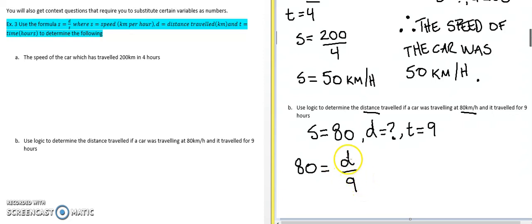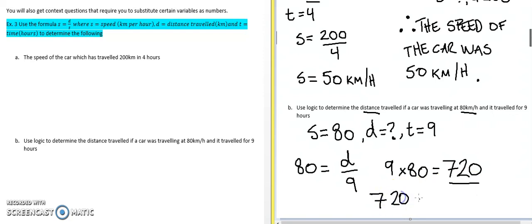Remember in trigonometry, when the unknown is on the top, you get the bottom and you multiply with what's on the left hand side. We're literally going to do this to get what our distance is. So 9 times 80 is 720. And this was the distance that it traveled. So in this case, it was 720 kilometers.